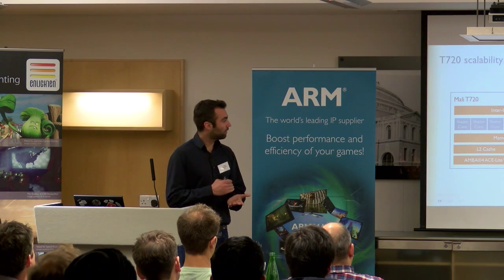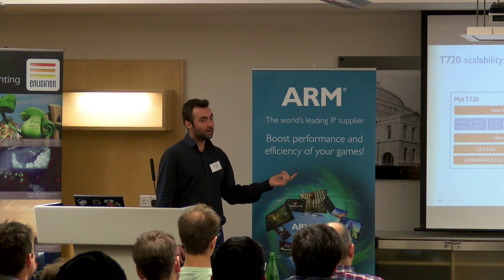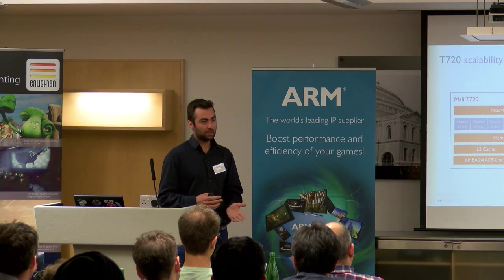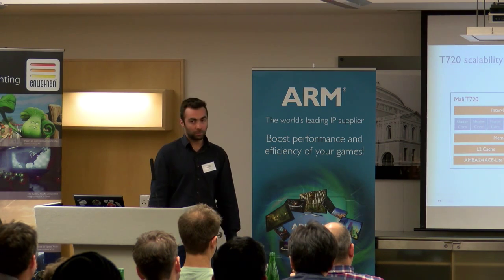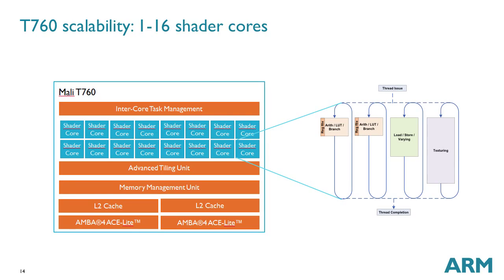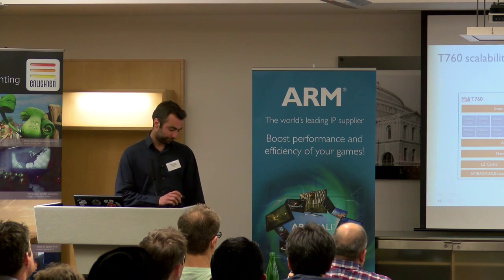For the cost-efficient part of our roadmap, we are restricting to 1 ALU, because you don't need to process highly complex content, and it's all about processing UIs and low complexity applications in this case, which are not compute limited. While for our high-end roadmap, for T760, for example, you can have up to 16 shader cores, each of which has 2 ALUs, which is making it more efficient for highly complex compute tasks.